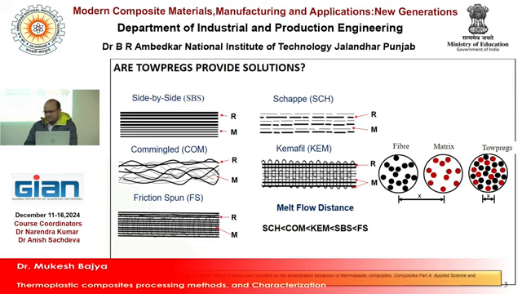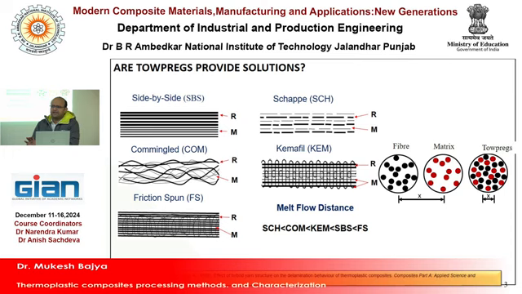From this example you can see the fibers here are the reinforcement materials, this one is the matrix, and it is used to adhere the reinforcement materials. In the commingling process, when you see the cross section of the yarn, the distribution of the matrix and reinforcements is like that. You can see the melt flow distance is lower in this case, and you will get a more uniform composite with lesser delamination problems.